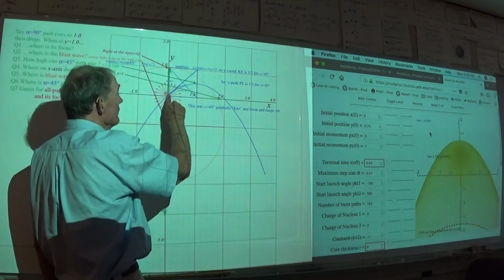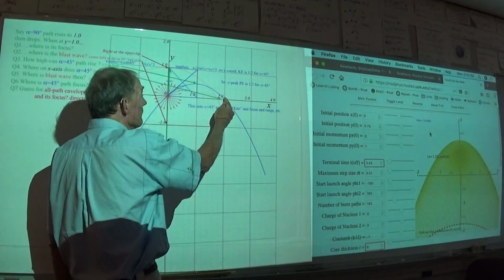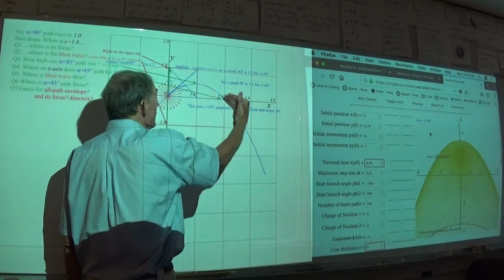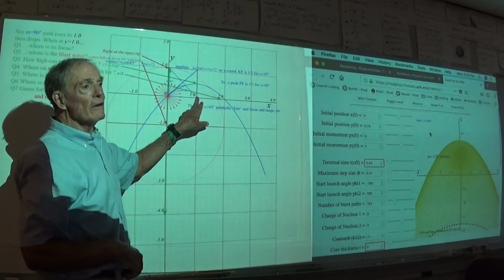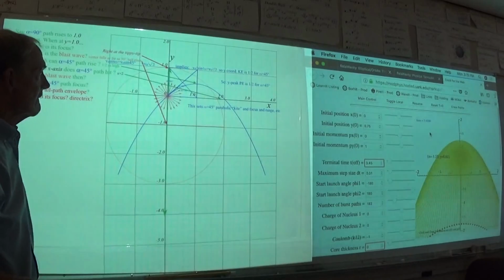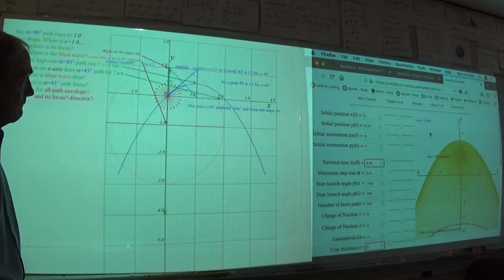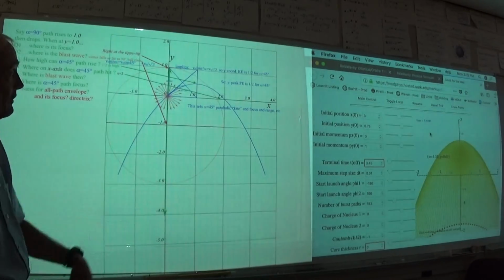But basically the idea is this thing comes off here at 45, that's got to be the tippy top, and that's got to be the place where it's 45 degrees, just like this was 45 degrees. Focus has to be right there. Right? All kinds of questions you can ask about these simulations, you see.